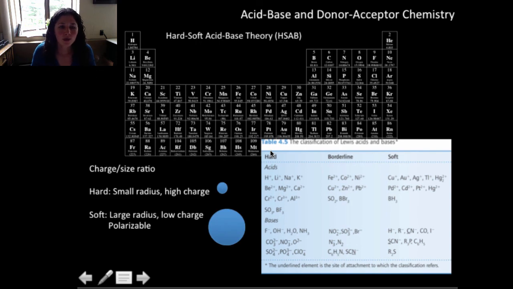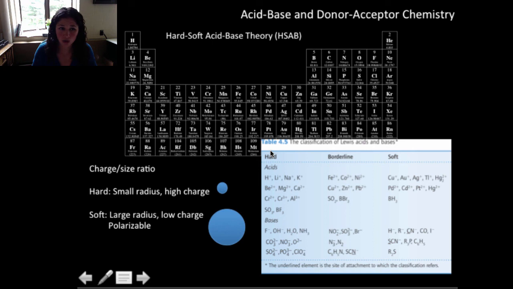All right, there's one more thing that you should know about acid and base behavior, and this is hard-soft acid-base theory. This theory classifies acids and bases by their polarizability or by their charge to size ratio. Things that have high charge and small radius have high charge to size ratio, and they are not very polarizable.